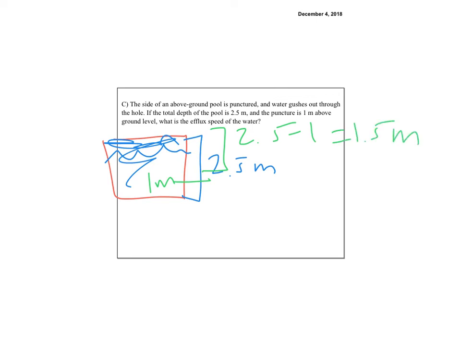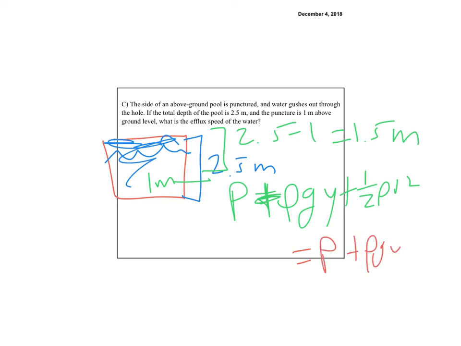So according to Bernoulli's equation, let's start from the beginning and not just jump to the theorem. P plus rho g y plus 1/2 rho v squared is going to be equal to P plus rho g y plus 1/2 rho v squared. But we know that the pressures are the same at the top and the bottom.